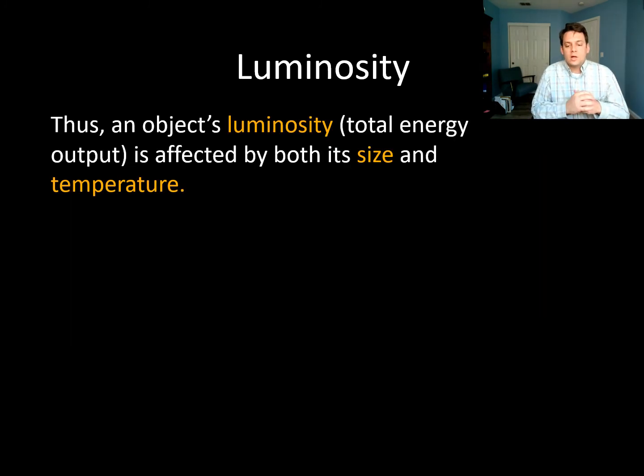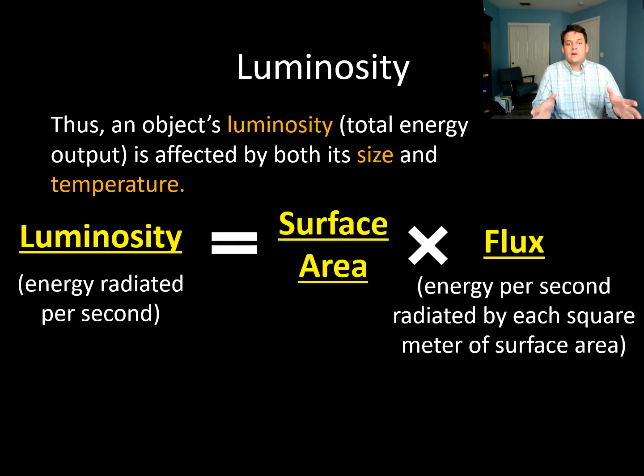So we can summarize the observations from the last few questions by saying that an object's luminosity, which again is the total energy that it puts out per second, is affected by both its size and its temperature. In fact, we can be a little more quantitative than that, and write down the following equation: the luminosity is equal to the surface area of the object times what we call the flux.